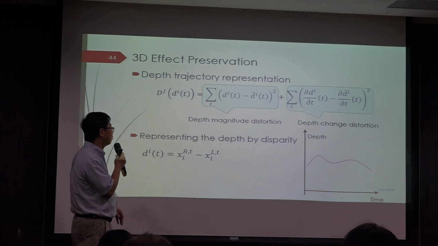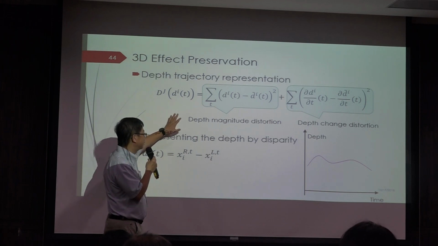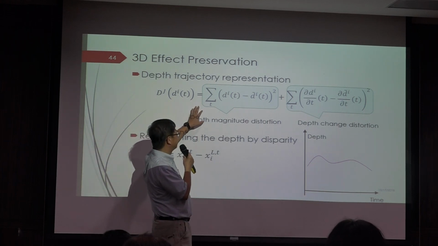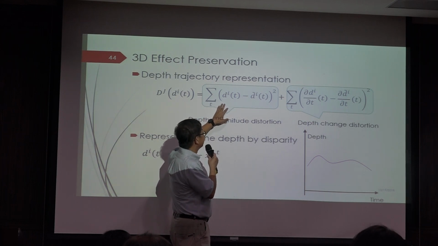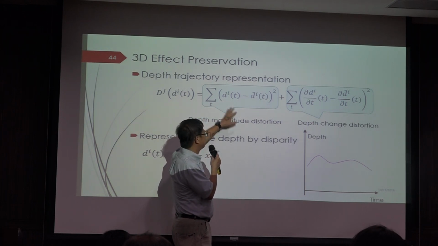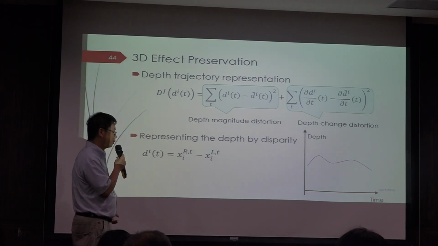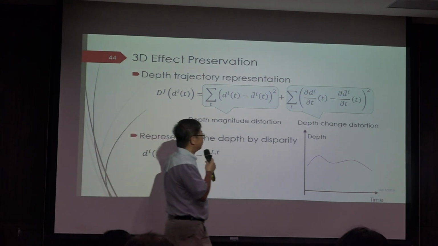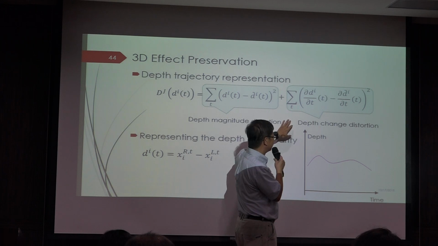So here we formulate the depth distortion into the spatial depth magnitude distortion. We calculate the square of the difference between the disparity values of the original version and also the retargeted version. The other thing is to characterize the temporal depth distortion.